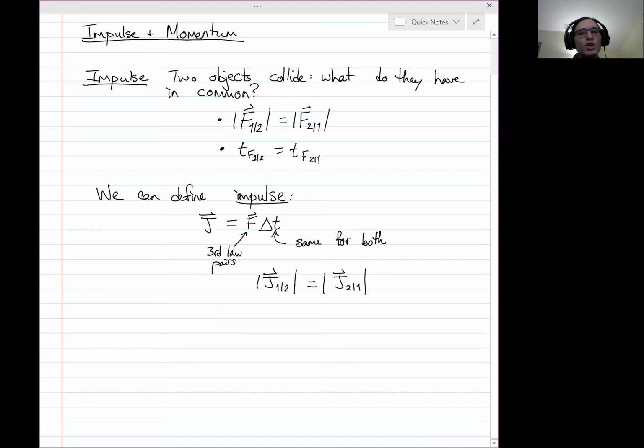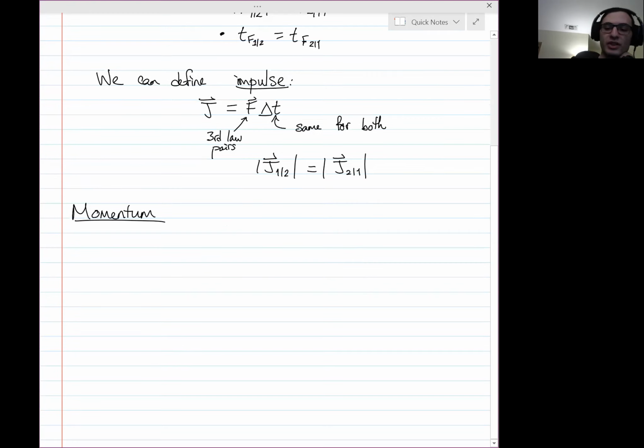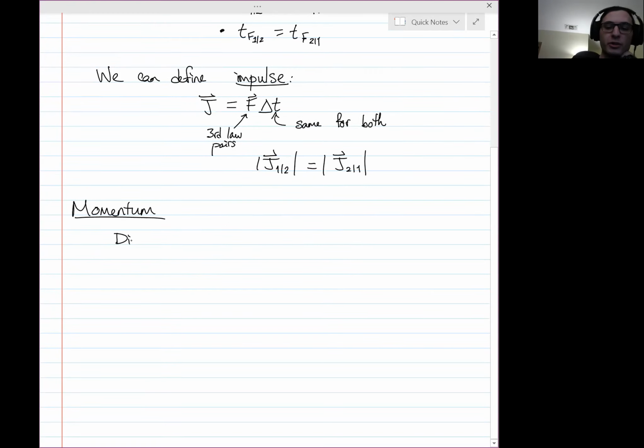So right away, it looks like this impulse idea might be useful because it's a quantity that's the same for both of the two objects in a collision. So I'm going to put another header here, momentum, and I'll explain why in a minute. But let's first talk about the difference between work and impulse.